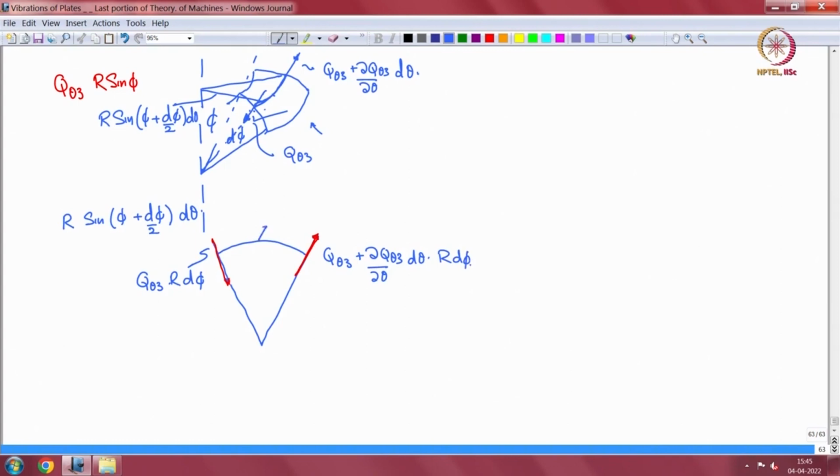And as they are pointing towards the center, this length is r for the sphere.